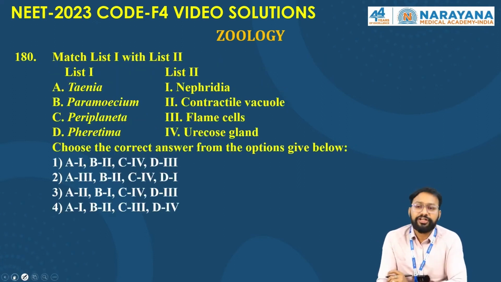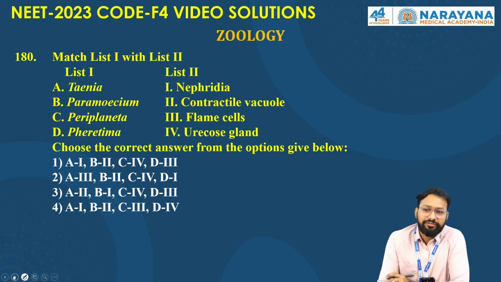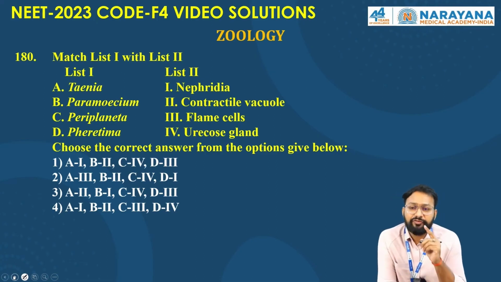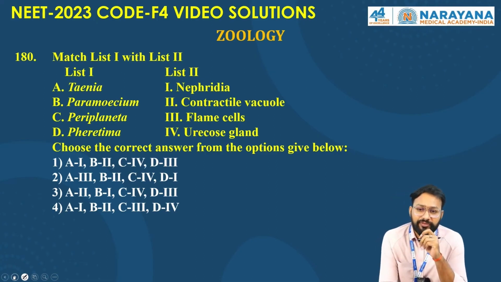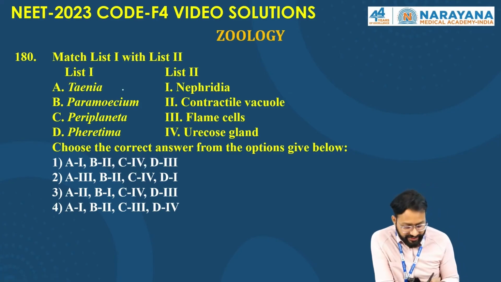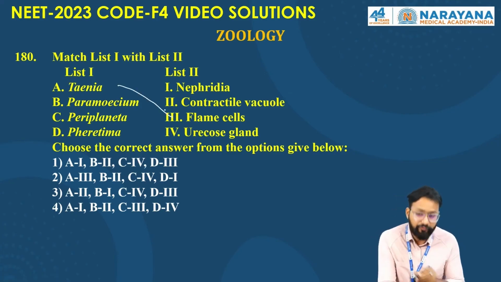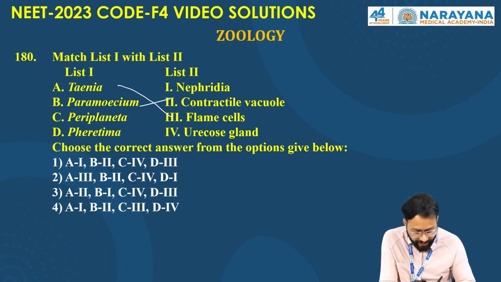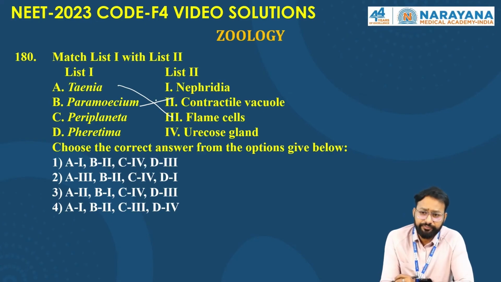Next, moving to the next question. Again, a match the following question related to the excretory structures. Right? Question number 180. Taenia, it is a flatworm. Right? In case of platyhelminthes, excretion occurs with the help of flame cells. Paramecium, it is a protozoan where the contractile vacuole helps in excretion. Periplaneta, it is cockroach.